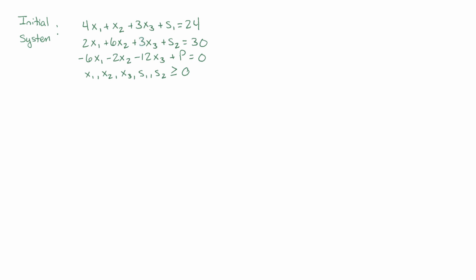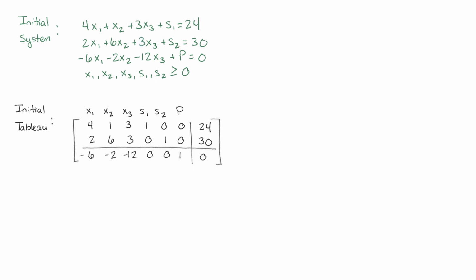So we are ready to write our initial tableau. We label the columns x1, x2, x3, s1, s2, p, and then we have our constant column. Row 1 represents the coefficients of the first constraint. So 4, 1, 3, 1, 0, 0, 24.